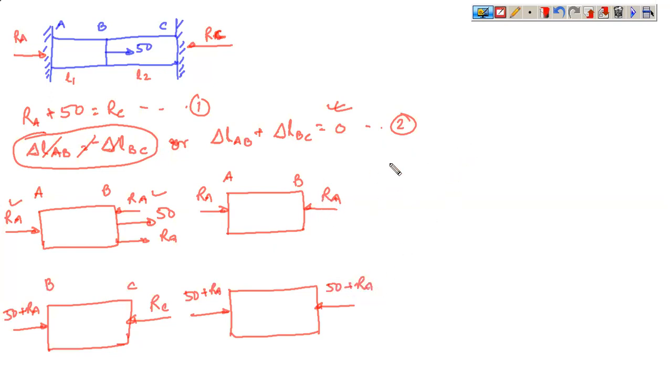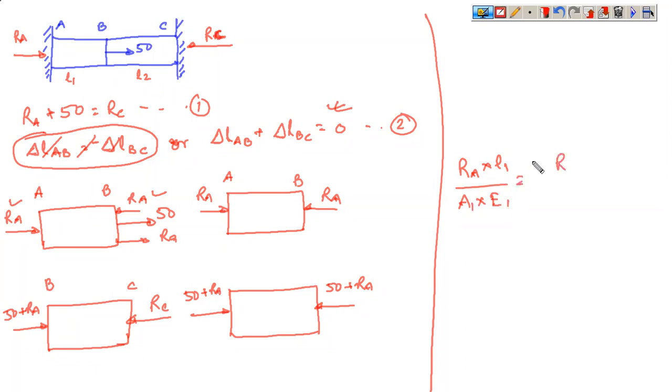Now what is delta L for this? This will be Ra into L1 divided by A1 into E1. So generally area and E are same for these because you cannot have two different materials joined like this. So Ra into L1 divided by AE.